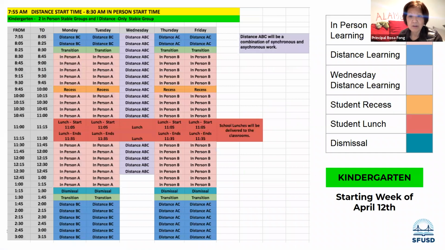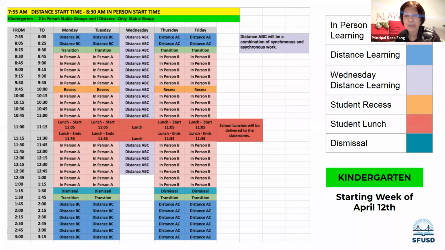Now, here, for those of us who have children in kindergarten, this is the kindergarten schedule. The kindergartners will begin at 7:55 to 8:25 for distance learning, okay? So the blue represents distance learning.